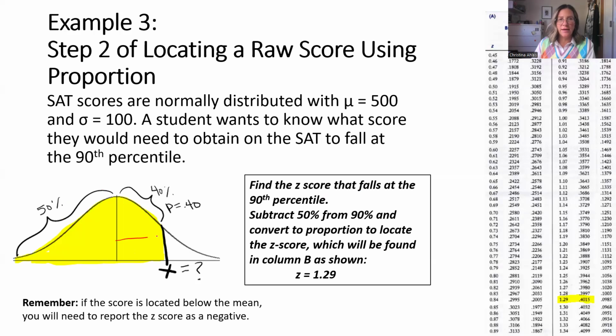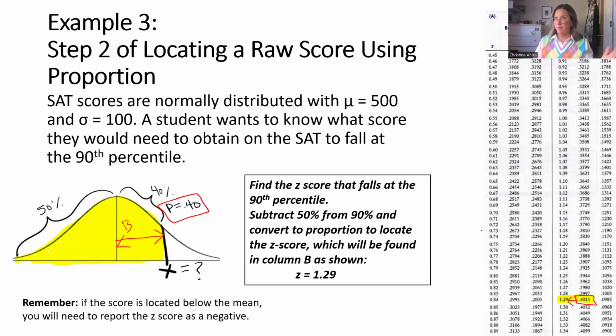This area right here is column B, okay? So we want to convert 40% to a probability, which is P equals 0.40. We go into our unit normal table and find in column B 0.40, the closest thing we can find to 0.40, and then locate its corresponding z-score. The corresponding z-score is 1.29.